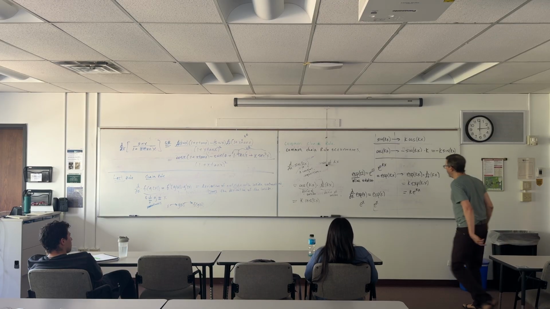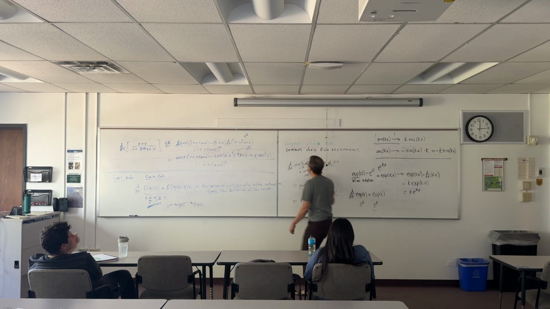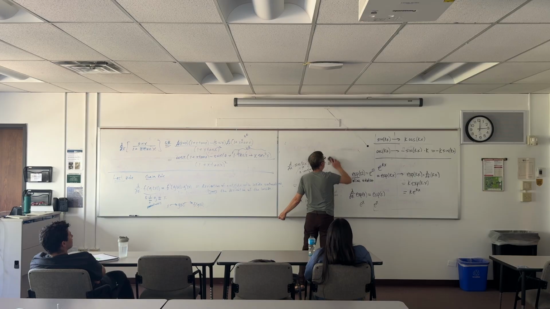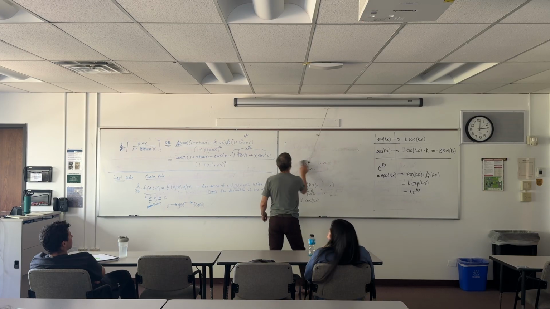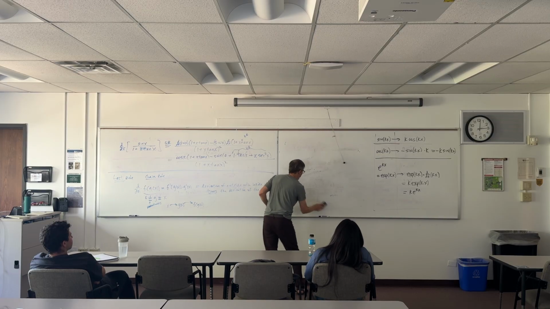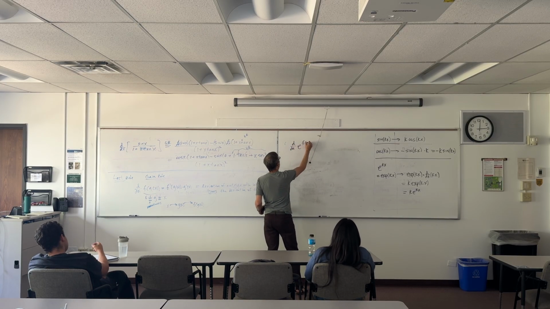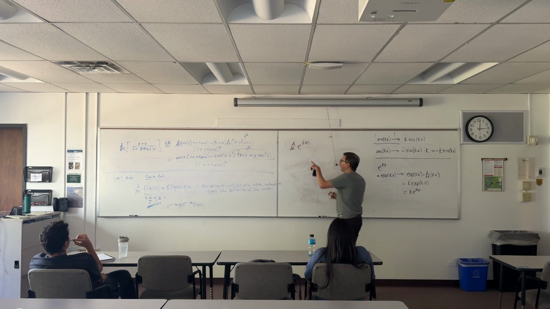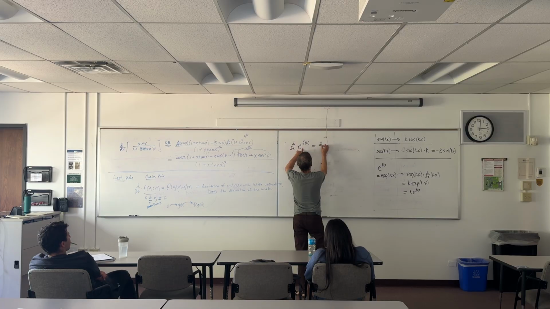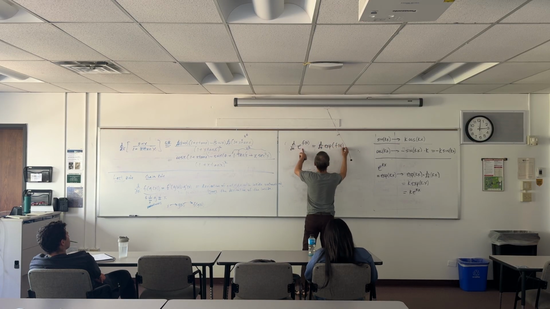Let me show you a fancy form here that's going to pop up. If I have e to some other function, so now we're going to think about that. If I ask you, what is the derivative of e to some crazy function? So this is the derivative of exp of that function.